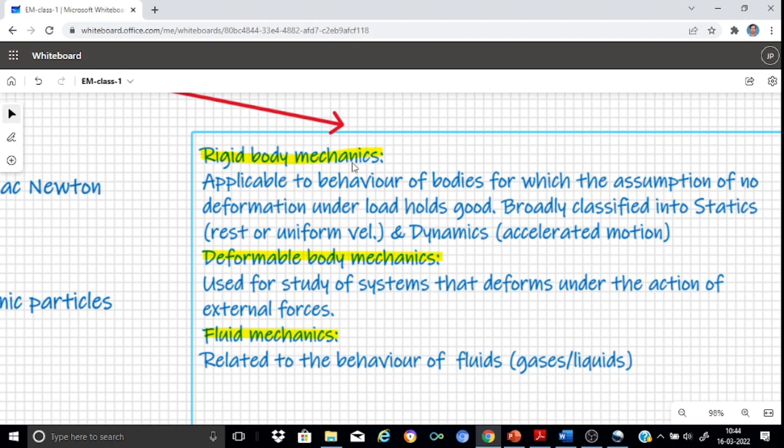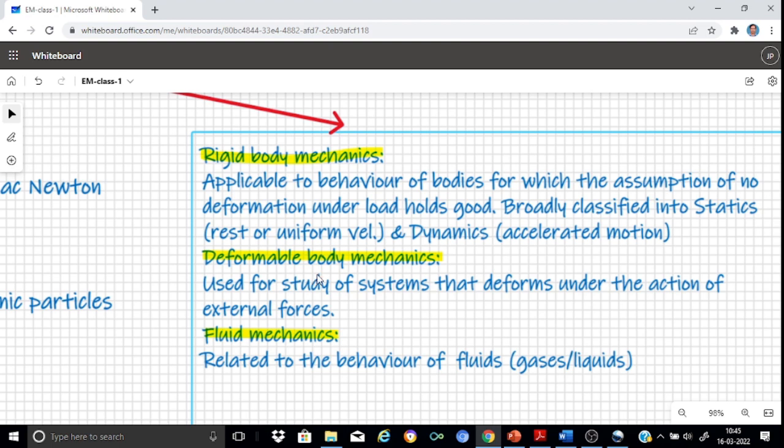Rigid body mechanics, as the term suggests, indicates the study of the behavior of such bodies, and it can be broadly classified as statics and dynamics. Statics deals with bodies either at rest or with uniform motion or uniform velocity. On the other hand, dynamics deals with bodies with accelerated motion.